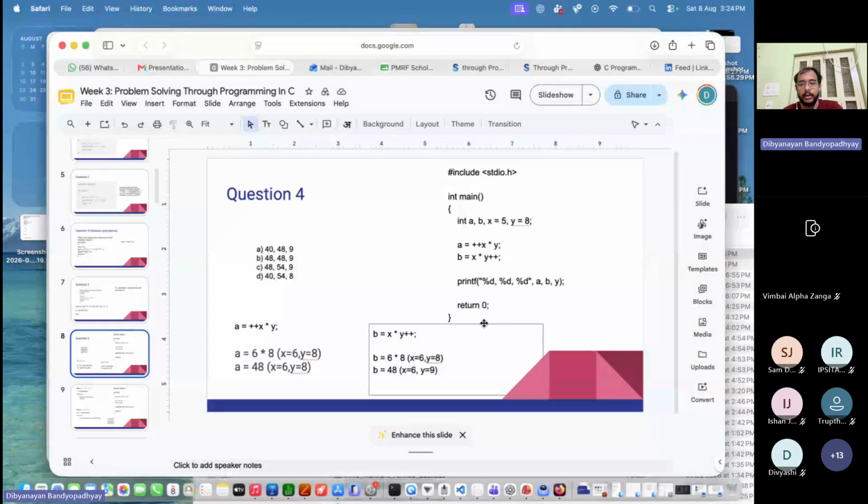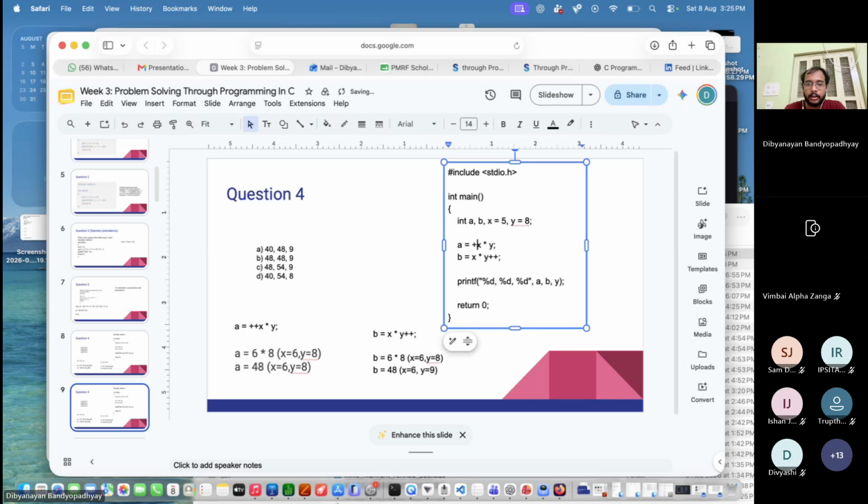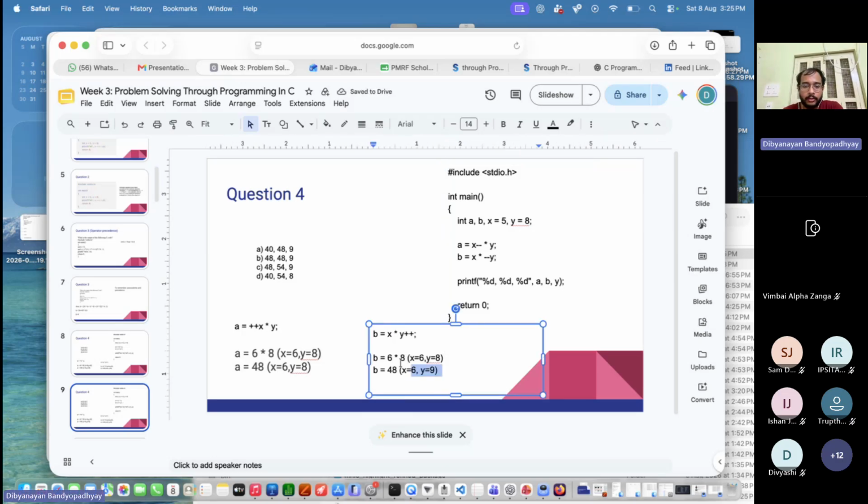So another question for you. Let's suppose this is the question now: X minus minus, and let's suppose minus minus Y. Now we have to just see what is happening. So now you have to answer. Carefully see.